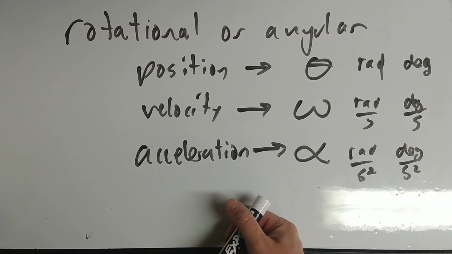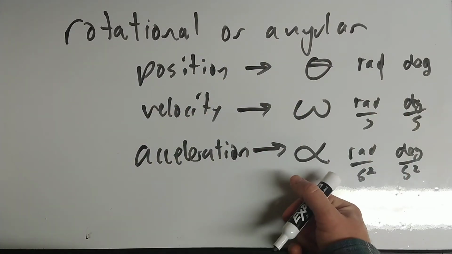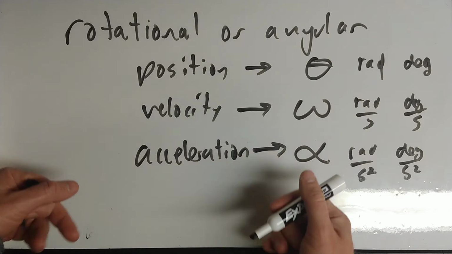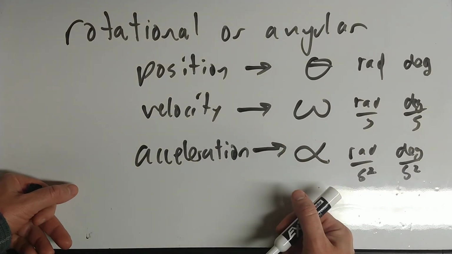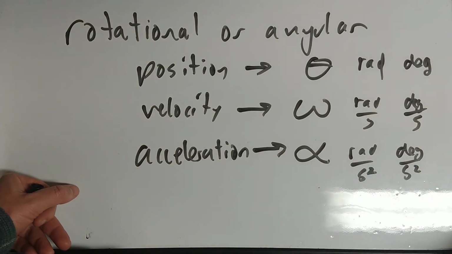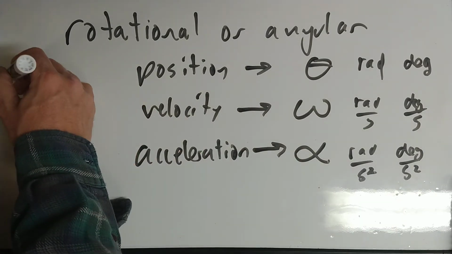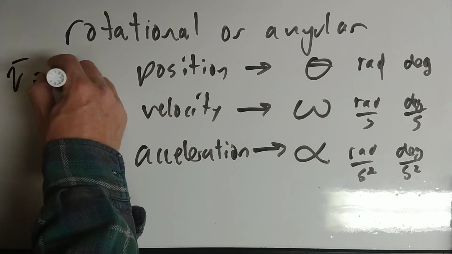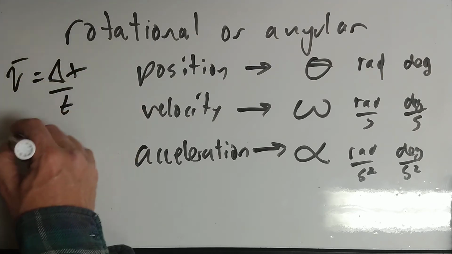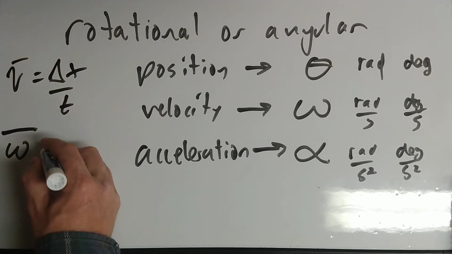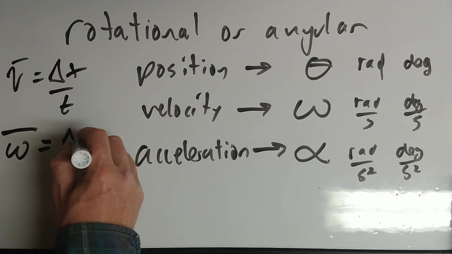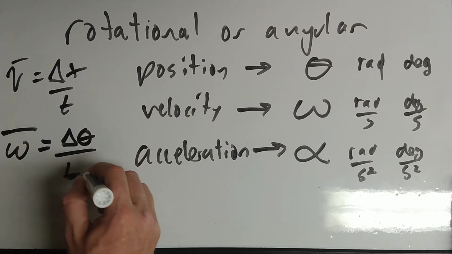What's kind of cool about this is all the usual kinematic equations apply. For instance, average velocity equals displacement over time; well, average angular velocity equals angular displacement over time.